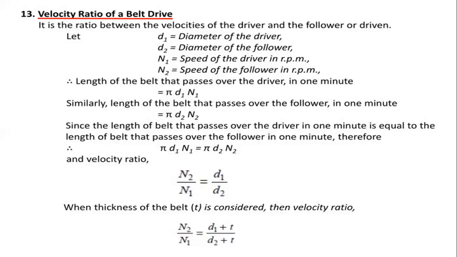Whenever 1 minute is taken, the time constraint is fixed, and we take the length of the belt that passes over the driver. It is pi into d1 into N1.